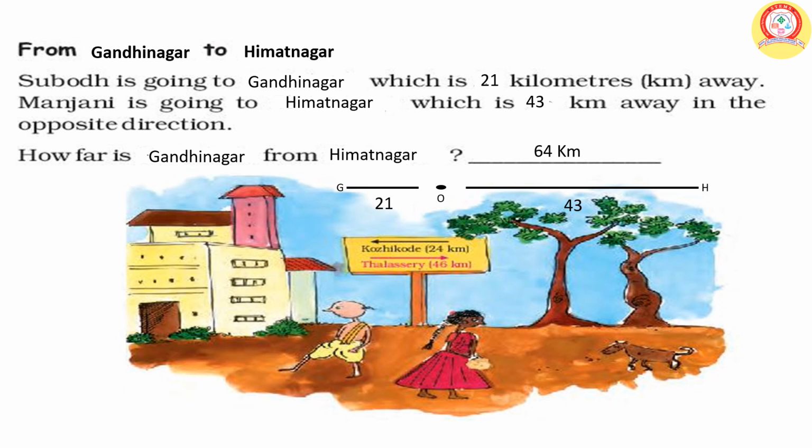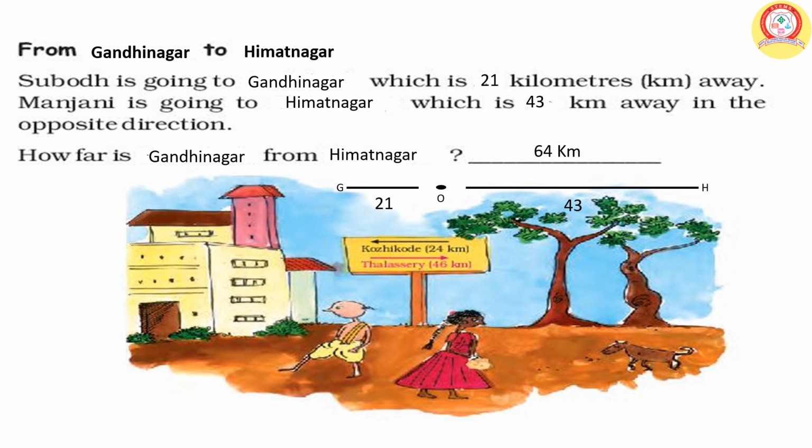Page number 20, next activity. From Gandhinagar to Himmatnagar. Subodh is going to Gandhinagar, which is 21 kilometers away. Manjri is going to Himmatnagar, which is 43 kilometers away in the opposite direction. So, children, how far is Gandhinagar from Himmatnagar?